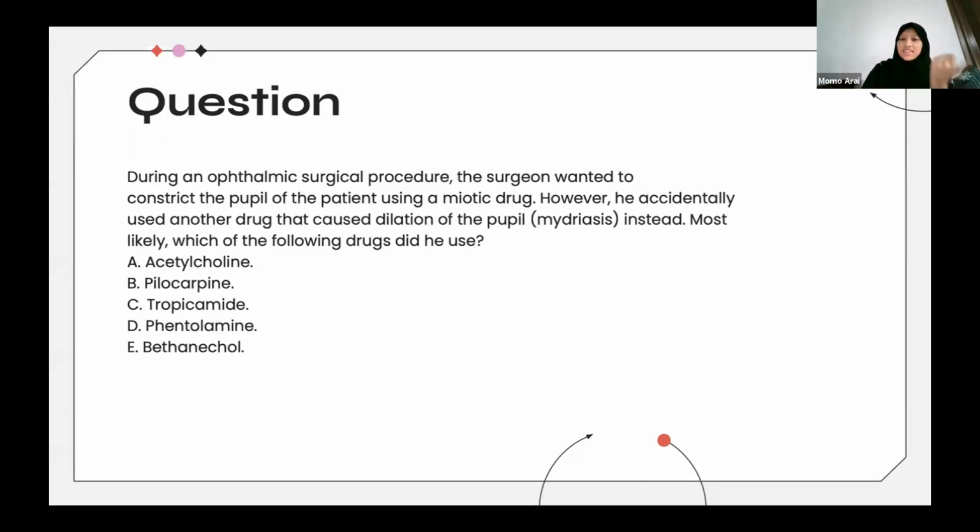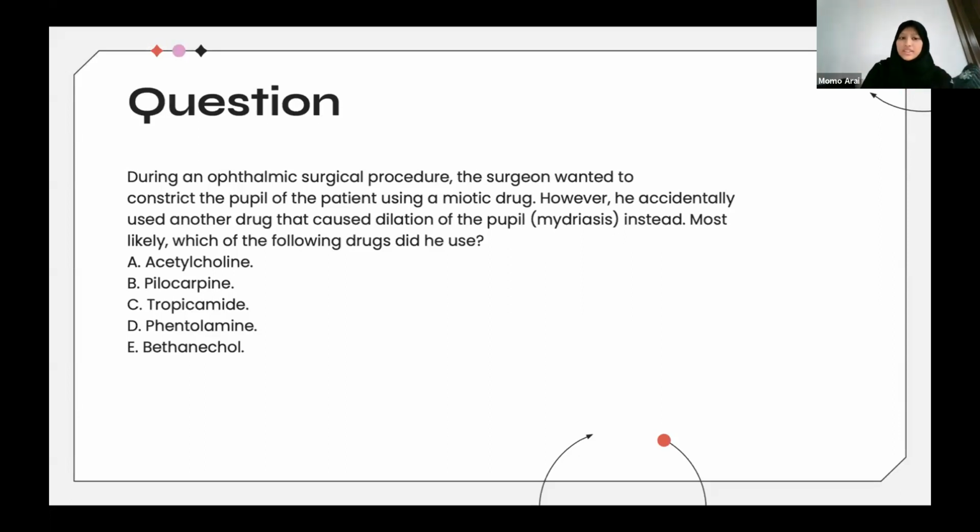Antagonist, good. What antagonist? Which class? Cholinergic antagonist, good. Or muscarinic antagonist, good job. So which of the following here is a cholinergic or muscarinic antagonist, which causes pupil dilation, right?